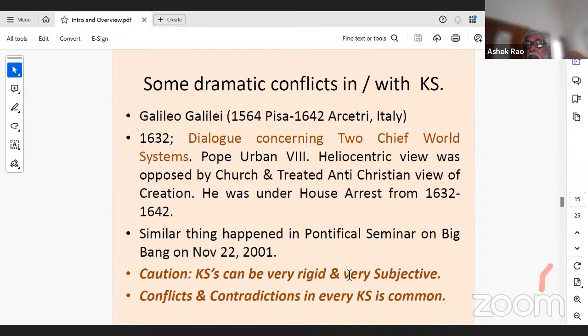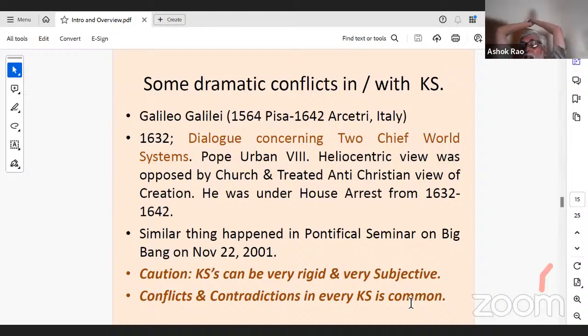So one should exercise the following caution. Knowledge systems can be very rigid and very subjective. Even if you present the truth, they may reject it. And it also depends who says it. If the leader agrees, then the opinion changes. Conflicts and contradictions in every knowledge system are very common.